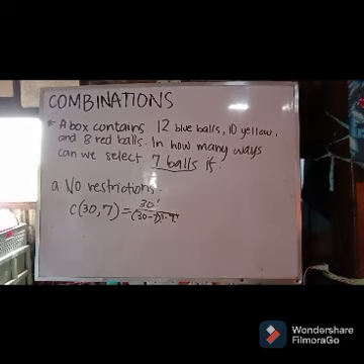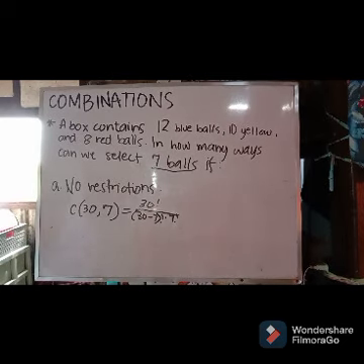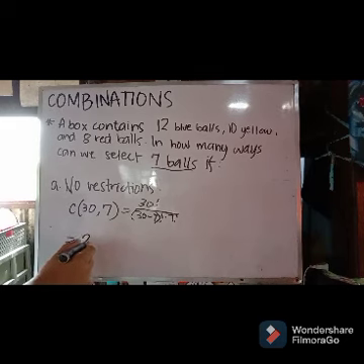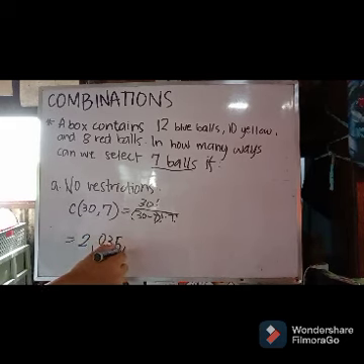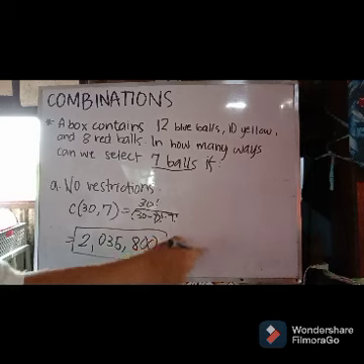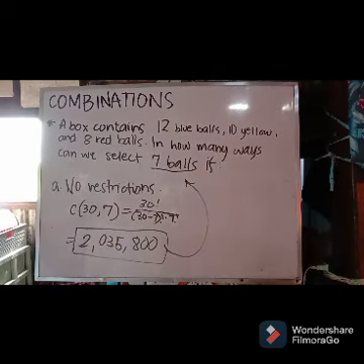The answer for combination of 30 taken 7 is equal to 2,035,800 possible ways in selecting 7 balls from a box containing 12 blue balls, 10 yellow, and 8 red balls.